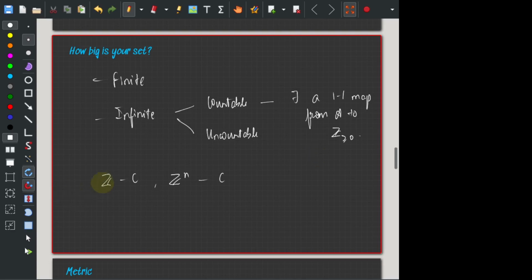Right, so to be more precise, the map would be f of x, in this case, f of x is 2x if x is greater than or equal to 0, and it is 2 times mod x plus 1 if x is less than 0, that is, minus 2x plus 1.